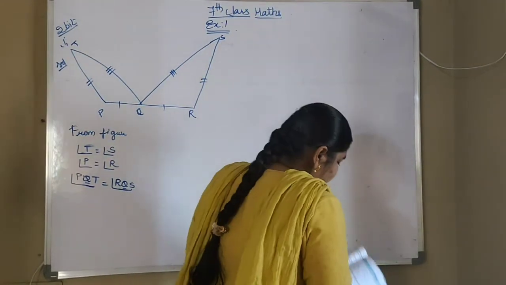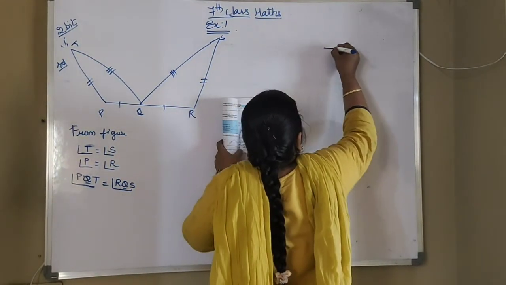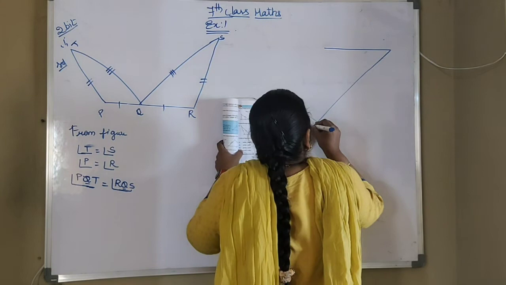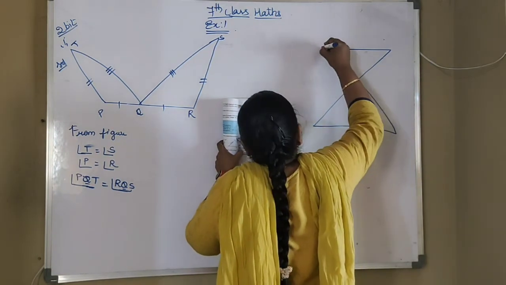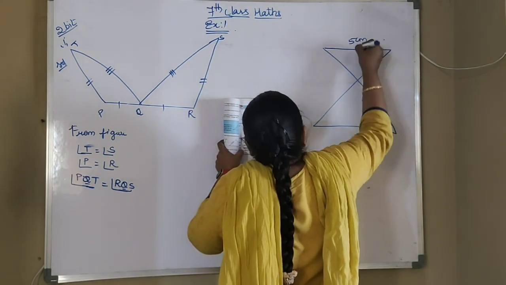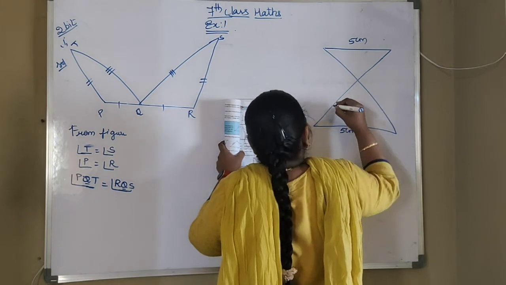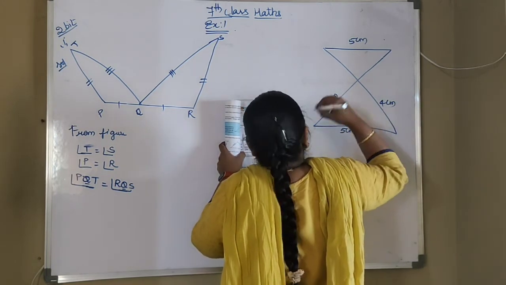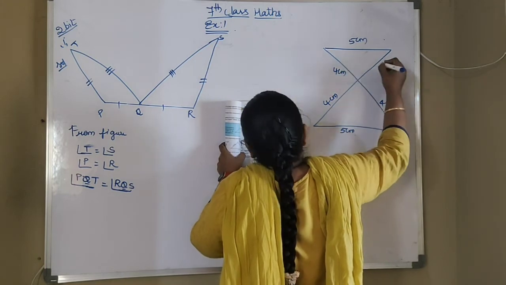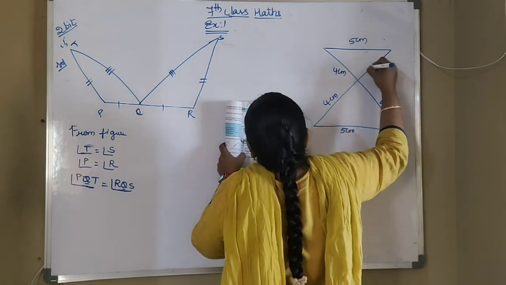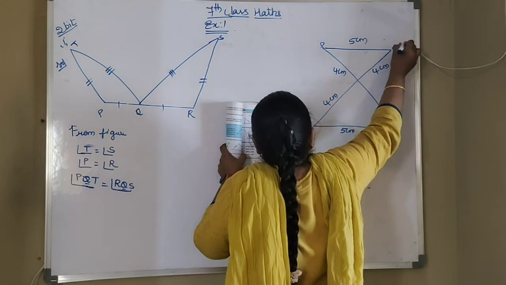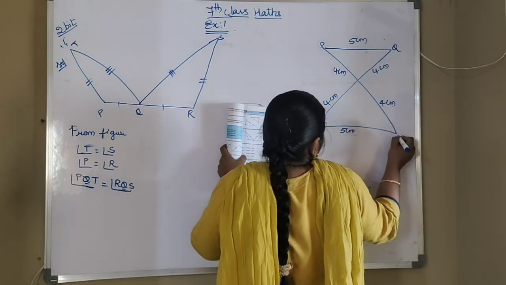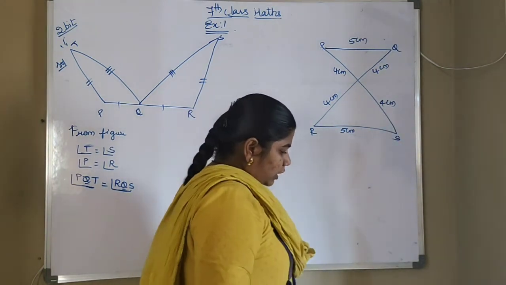So what is next one here? Five centimeters, 5 centimeters, 4 centimeters, 4 centimeters, P, Q, R, S. So what are the corresponding angles?